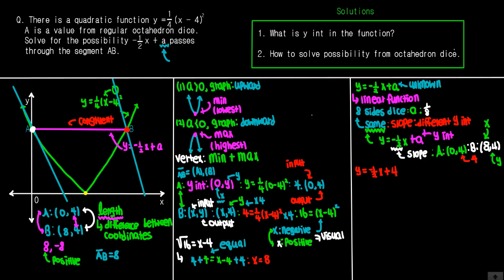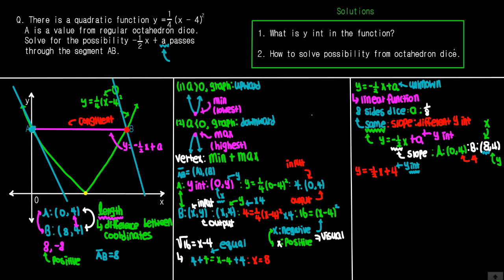So we could say that the only thing that is different in the linear function is the y-intercept, which means the same thing as the y-coordinate, and the y-coordinate of this B will also be 4. But if you input the value as 4, it will be exactly the same as A. So we need to make something different from A, which is the x value of our quadratic function's coordinate, which is 8.